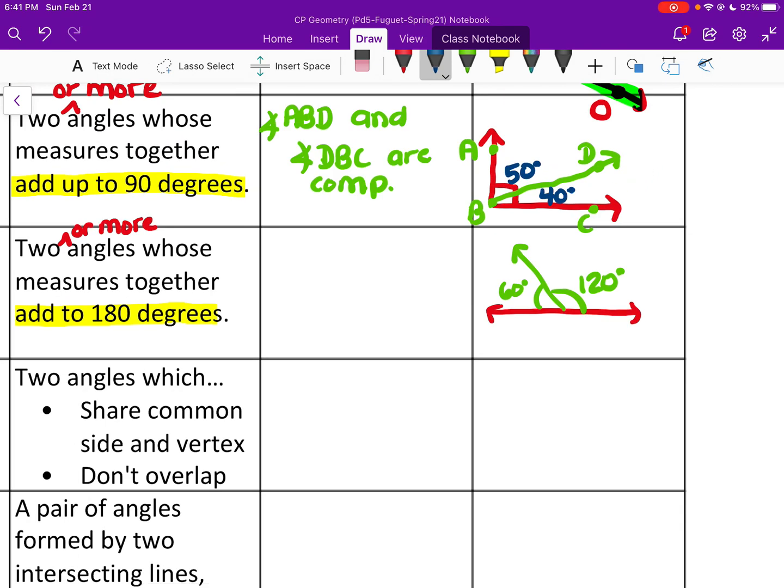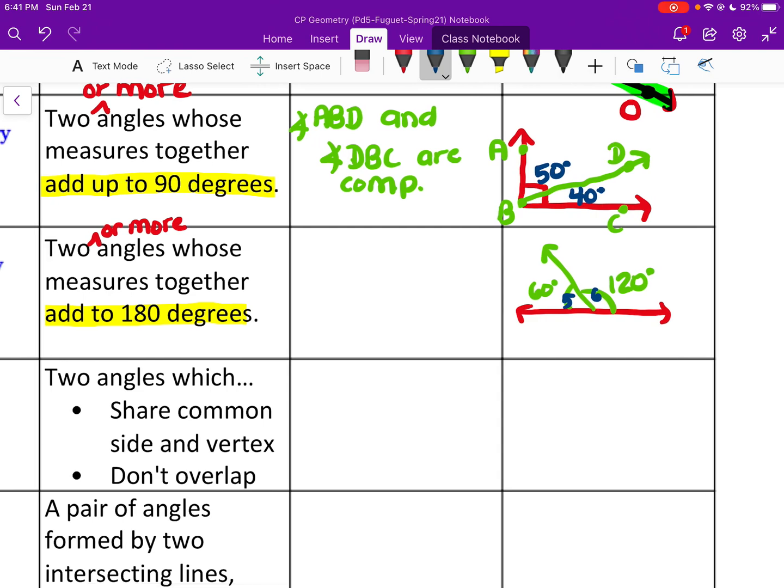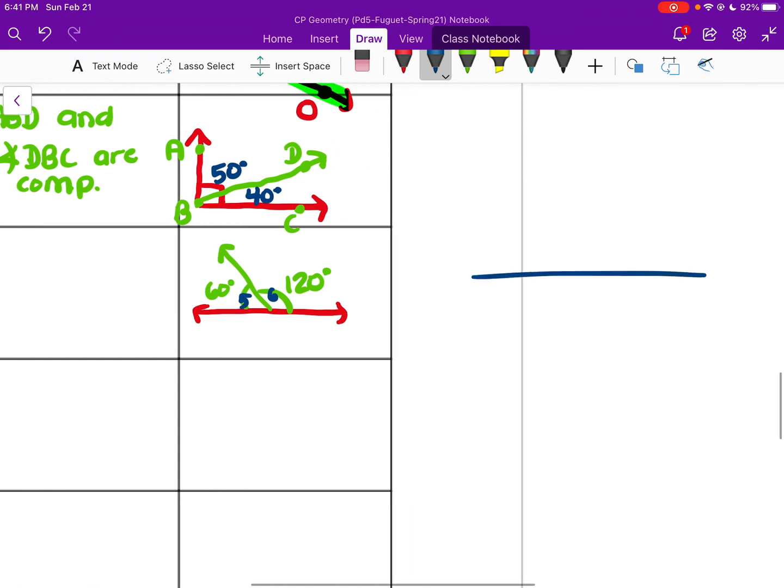And maybe to look at this one a little bit differently, another way we can name angles is with numbers. So maybe they call that one angle 5, and they call that one angle 6, for instance, right? Instead of naming them with points, we might name them with a number. And again, just like with a line, remember we said if we had a line, we could name it with 2 points, line AB, or sometimes they would put a lowercase cursive letter, and we could call that line M as our shortcut.